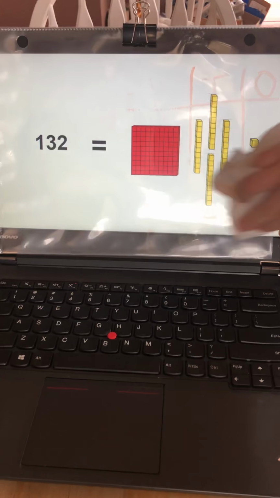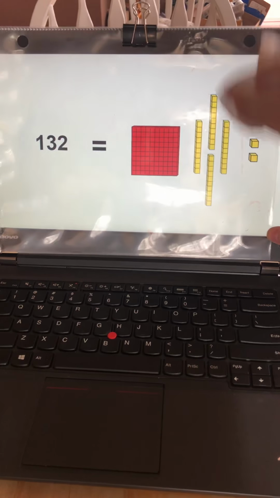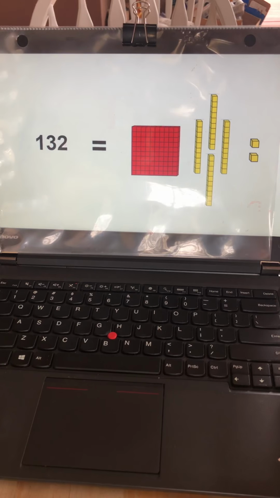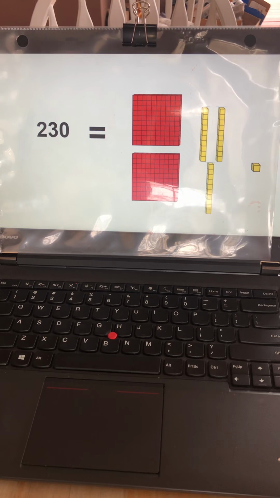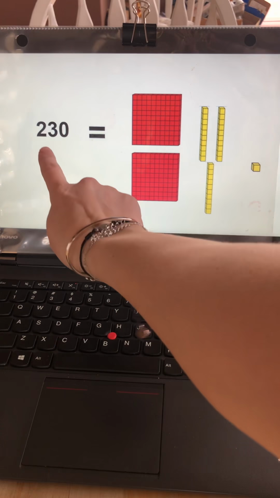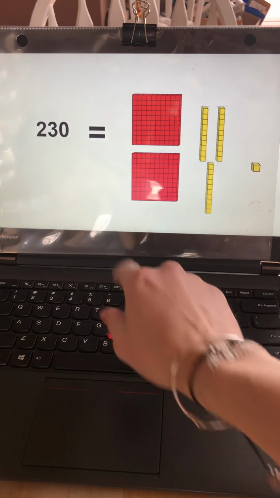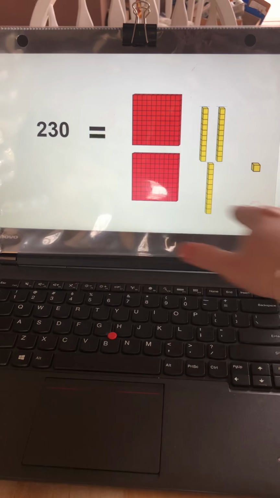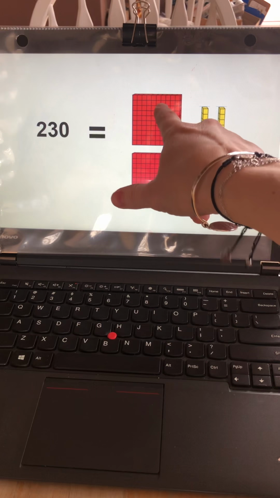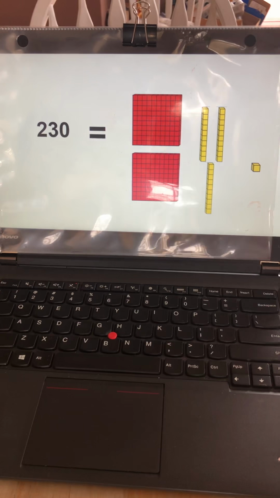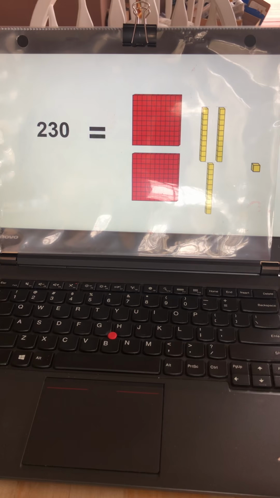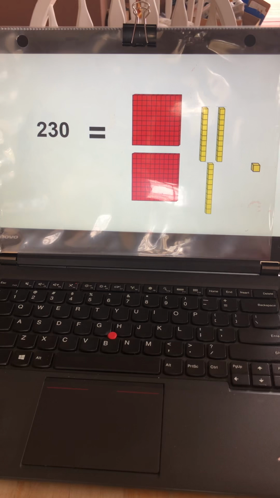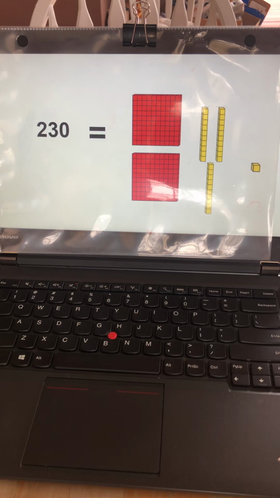Very good. All right, let's see what we have next. All right, now we have in standard form 230. Is 230 equal to what we see with our hundreds, tens, and ones block? Give you a few seconds. Is it equal?